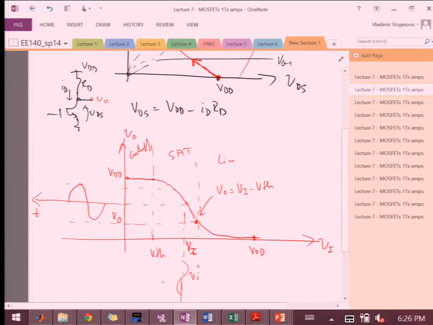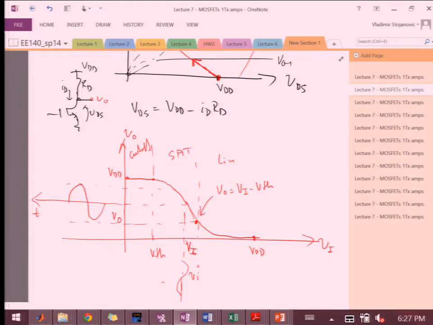In the linear region. So in the linear region, you still have some current flowing through the transistor, right? That current will be this ID. It's just now also dependent on VDS, right? Because it's VGS minus VTH times VDS minus VDS square over 2, right?